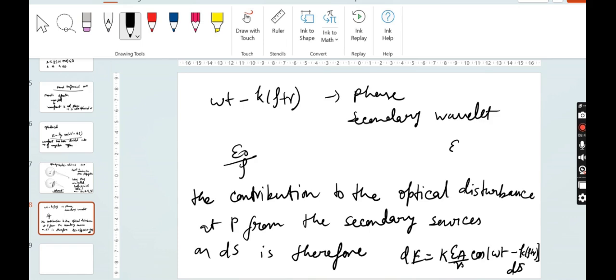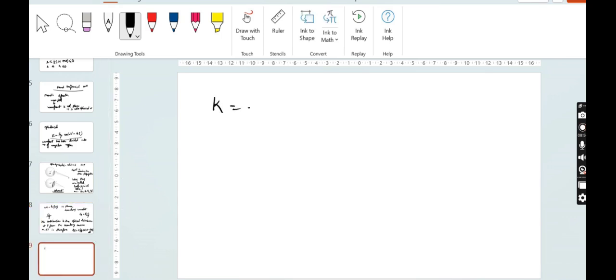Ea basically is Q epsilon naught rho. K is the obliquity factor, one plus cos theta, that you know.